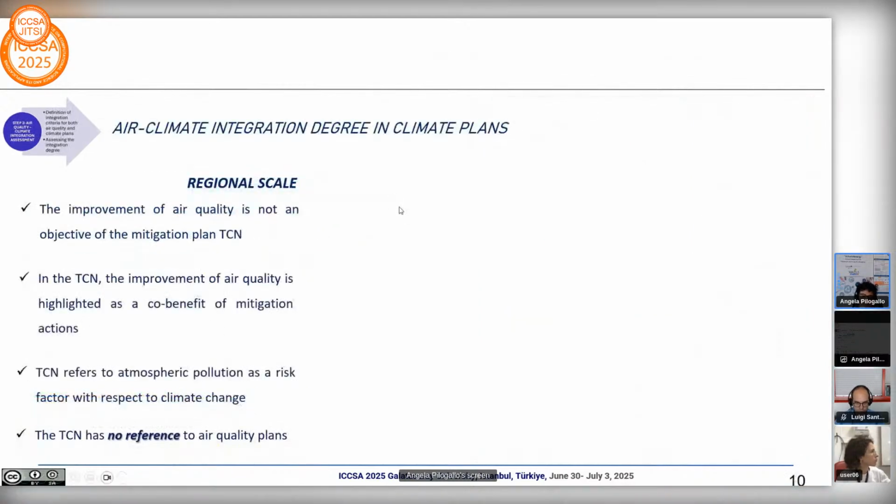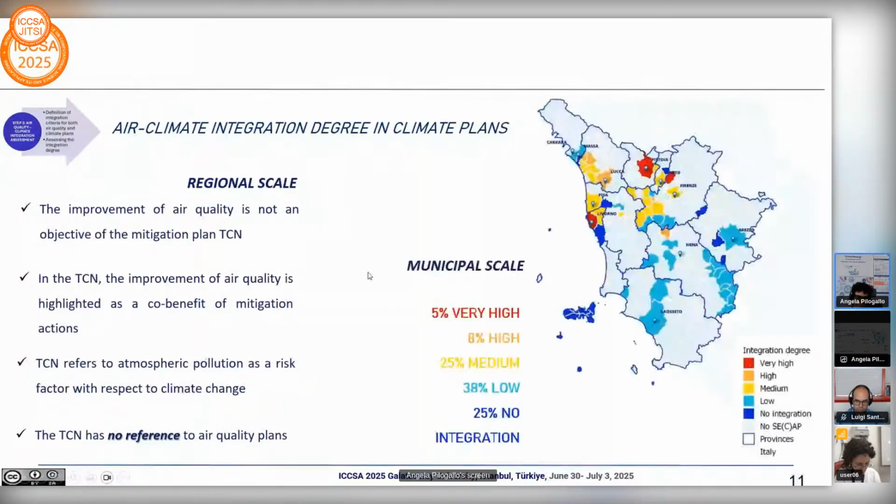At the regional scale, we performed the content analysis of the Tuscany carbon neutral plan, and we found that the improvement of air quality is not a specific objective or goal of the plan, but it is recognized as a co-benefit of mitigation actions. It has no reference to air quality plans, neither at the regional nor at the municipal scale. However, it refers to atmospheric pollution as a competing risk with respect to climate change related hazards.